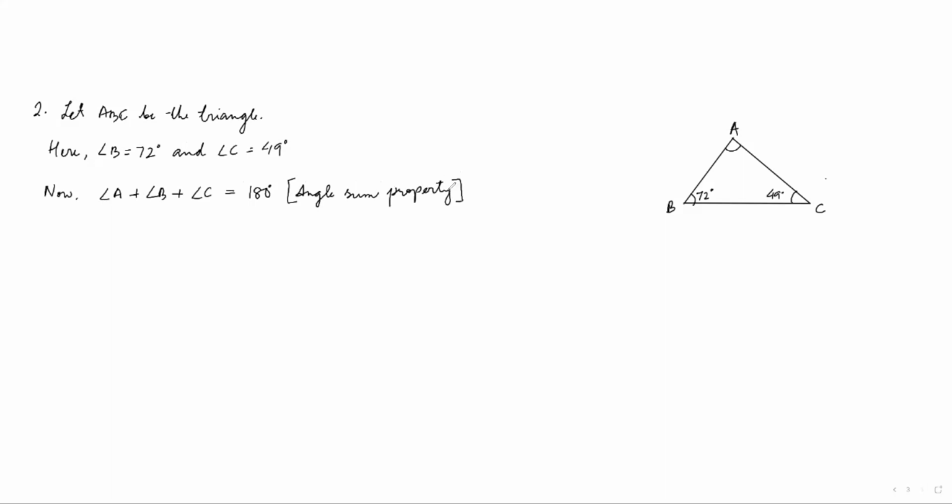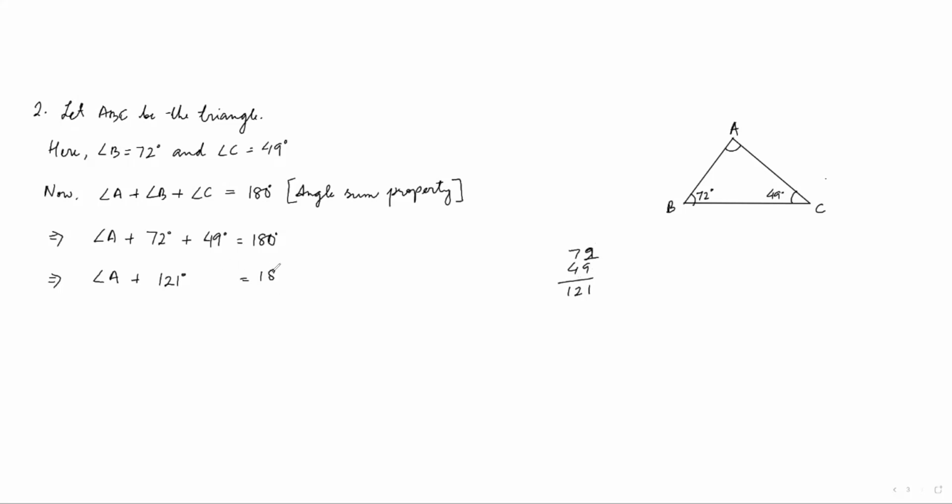Angle sum property. So 72 plus 49 is 121. 2 plus 9 is 11, carry 1, 7 plus 4 is 11, plus 1 will be 12.